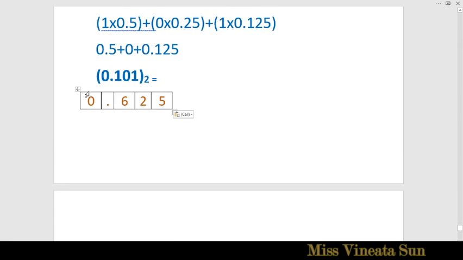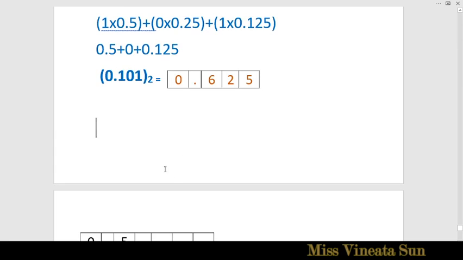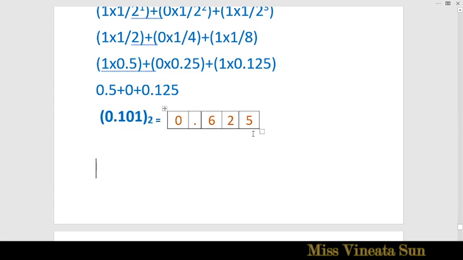I'm just putting this like that. Okay, so this is equivalent to this, but this will be in your decimal form now. Now let me just write it outside. 0.625.